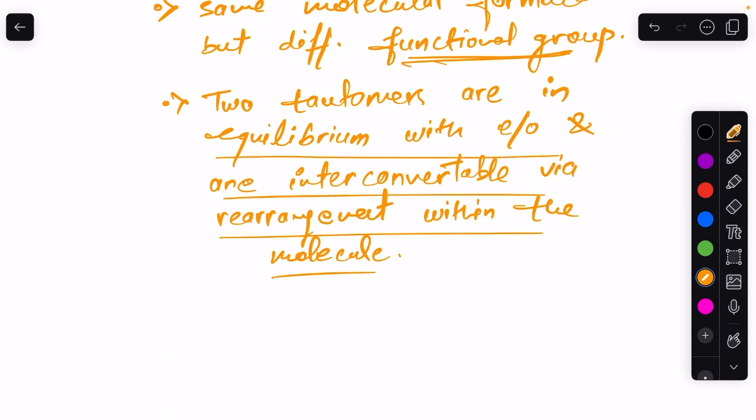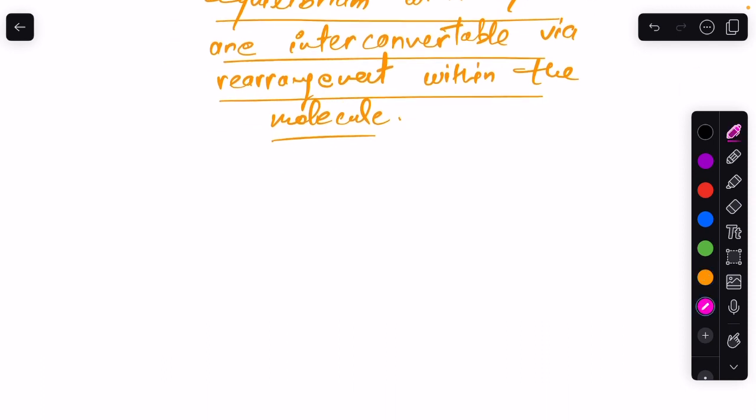So we will see rearrangement within a molecule, and hence it will convert into a different molecule which is of different functional group. Let's have a look into the examples.